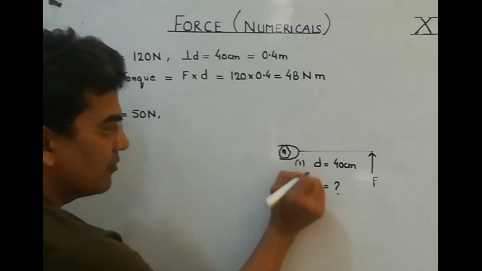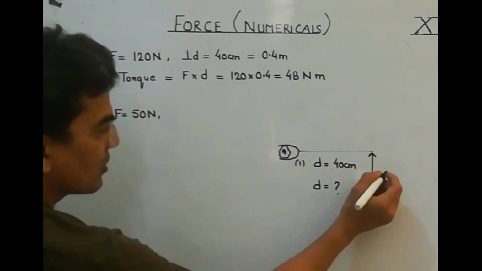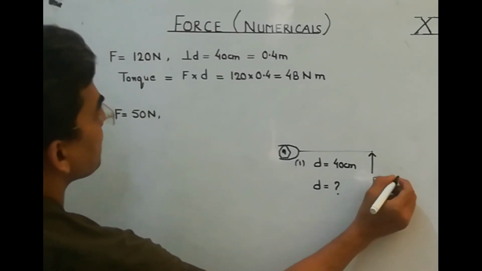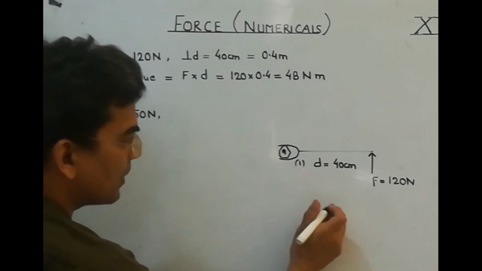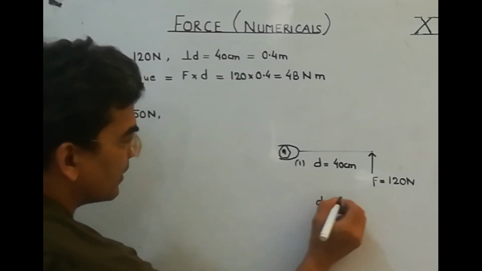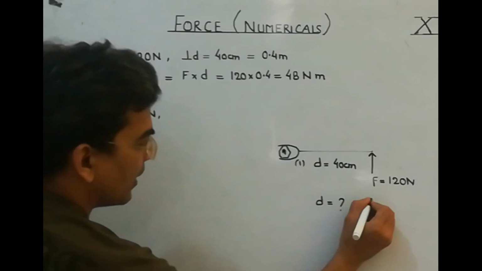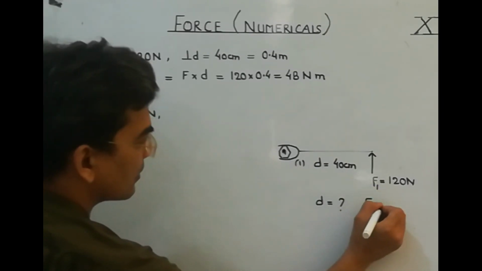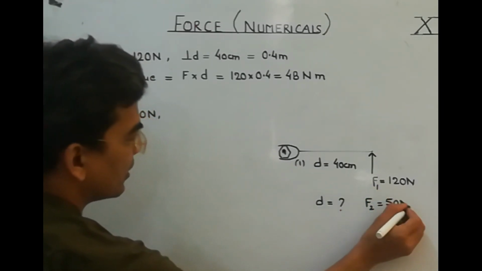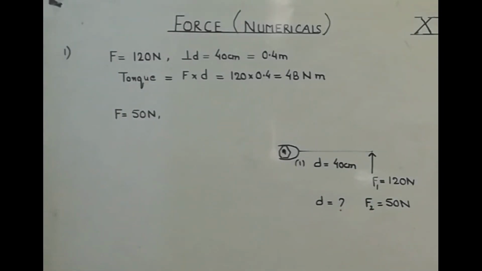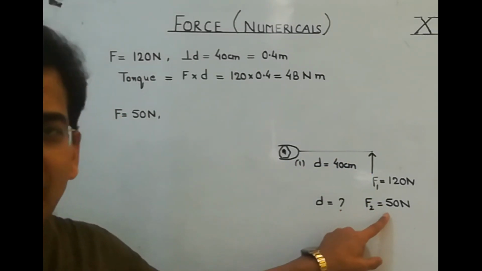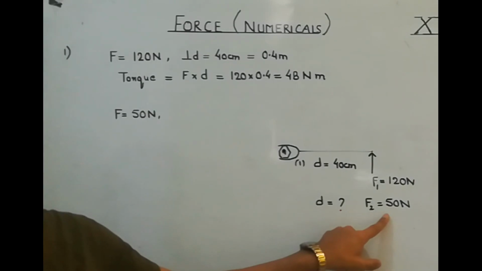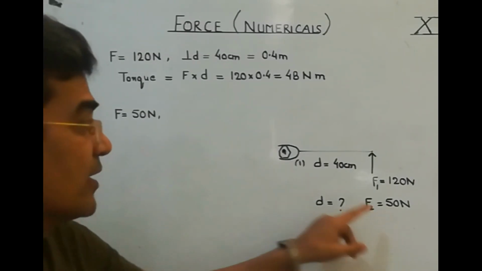See, in the first part, D was known and F was also known. In the second part, D is to be calculated and the force given is 50 Newton. Right? Now the distance, that means the length of the handle, is to be calculated, and the force applied is only 50 Newton, and they are saying how long the handle should be.